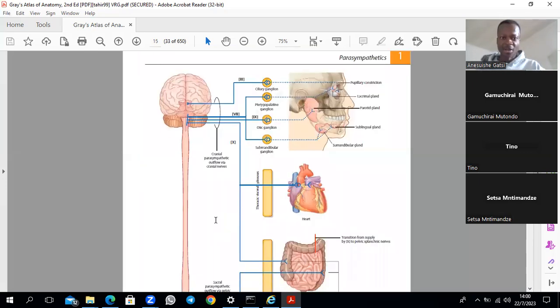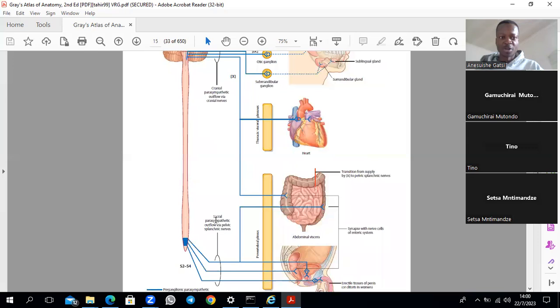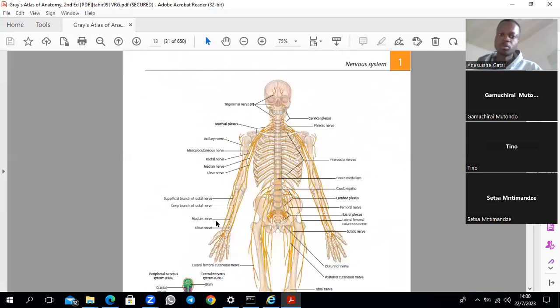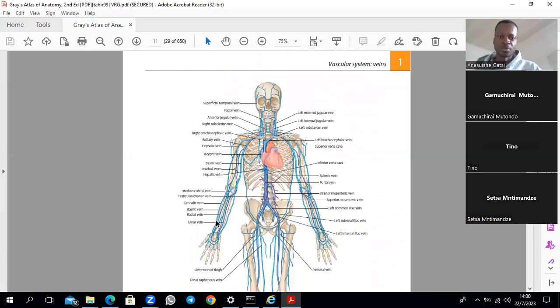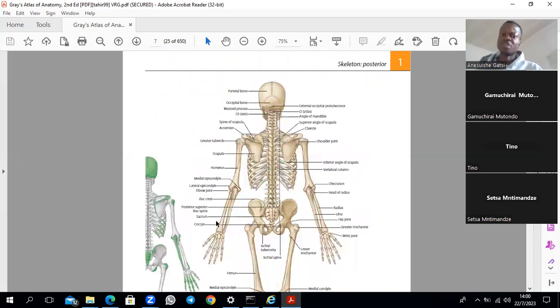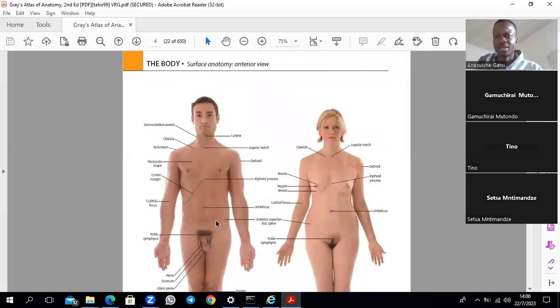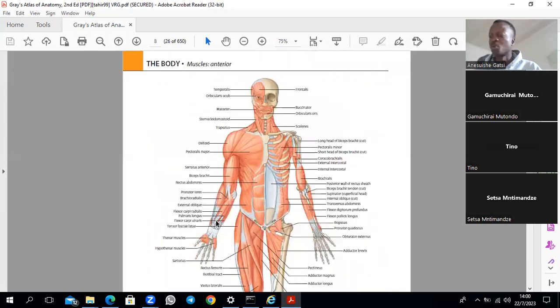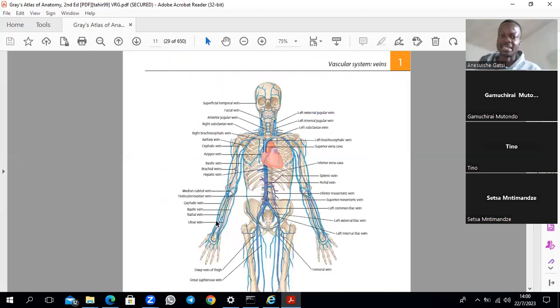Why do you think it's important for us to know dermatomes? If someone was to ever have a spinal cord injury, what's the quickest way for us to know where the injury is?